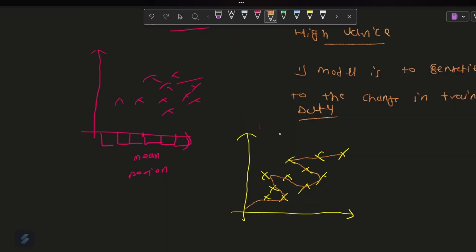And when a new point comes here, that makes it build too much error, and this creates an overfitting condition.